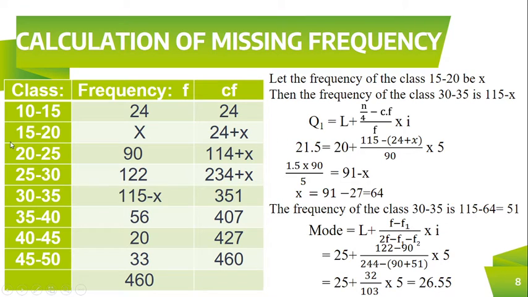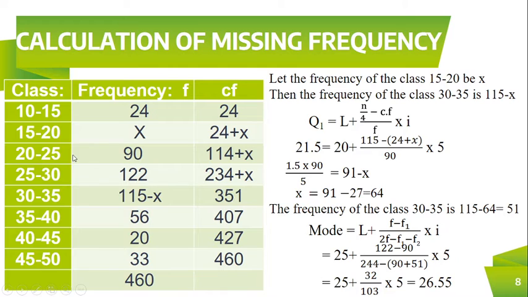You take it across. The next class interval 20 to 25 is taken as the class interval for Q1. So L is 20 plus N by 4, which is 115, minus CF. So before this line, our CF is 24 plus X. So this is our CF by f, that is the frequency pertaining to the class interval that was chosen, 90.